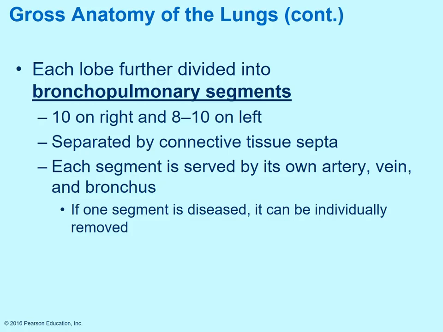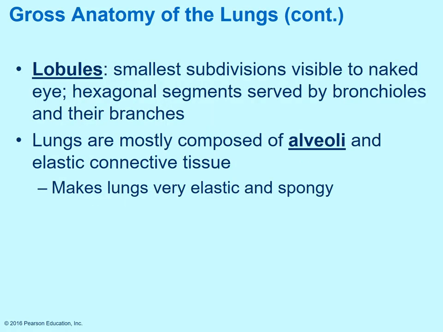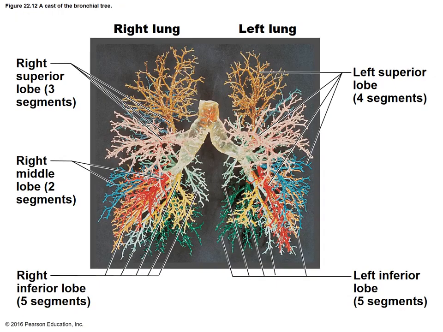Because it has its own artery, vein, and bronchioles, it's easier to separate, and you wouldn't have to remove the entire lobe or the entire lung. So like I said, the lungs are very spongy in nature. This shows an idea of color coding of the different segments.